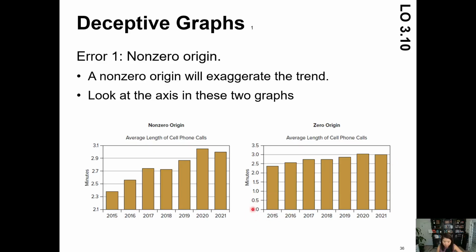So by not starting from 0, you are exaggerating the differences between the bars. Here we call it non-zero origin. So when you're creating a chart, always start from 0 to prevent this kind of deceptive chart. You need to check every chart to see whether it starts from 0. A non-zero origin will exaggerate the trend, as you can see here.